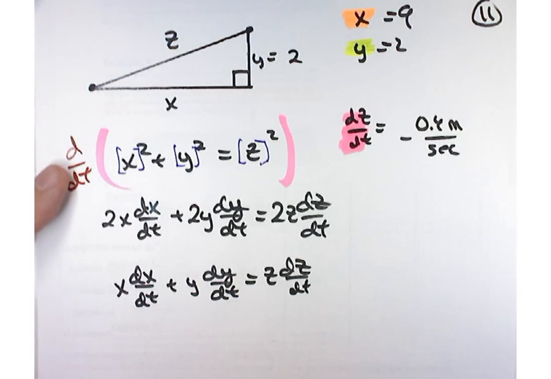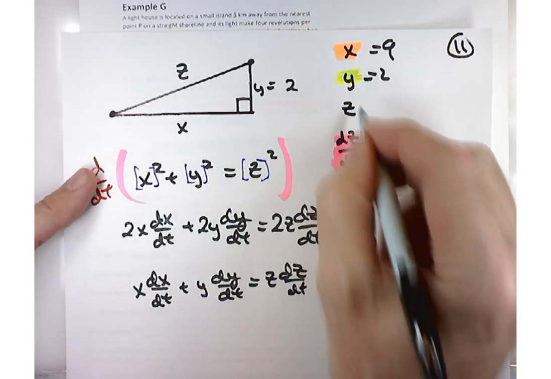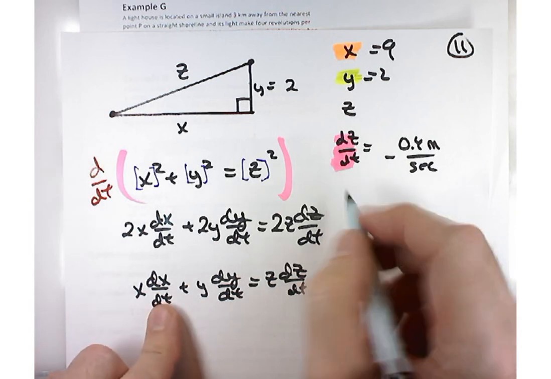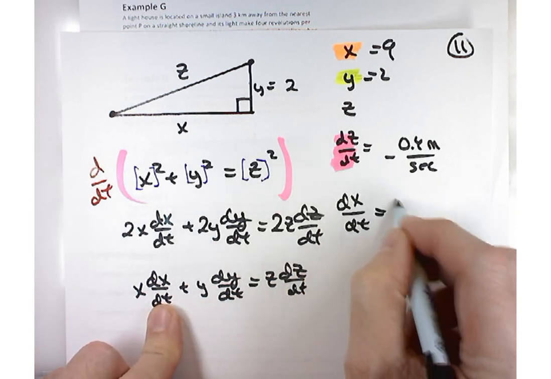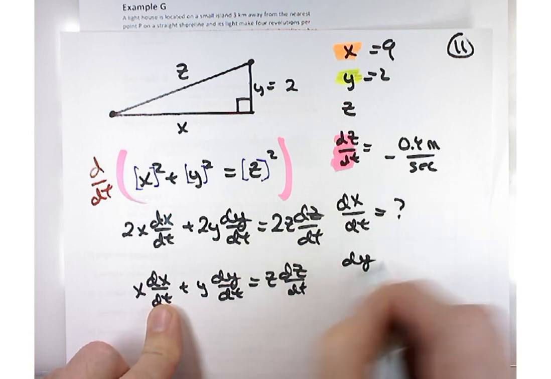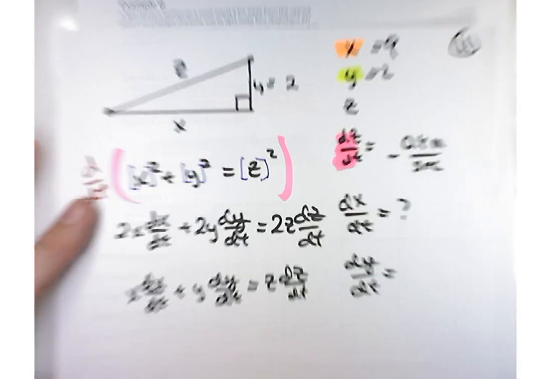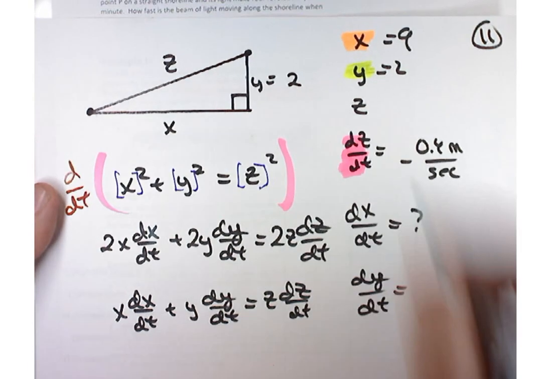So it seems as though I need a few more things. For instance, I don't have z. I'm looking for dx by dt, so we need dy by dt, and they didn't give us that. But we do kind of know it, or at least can figure it out.